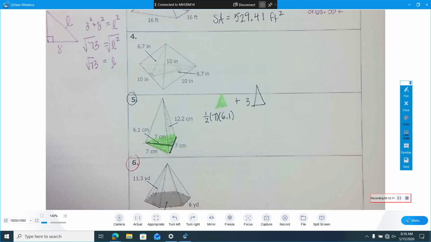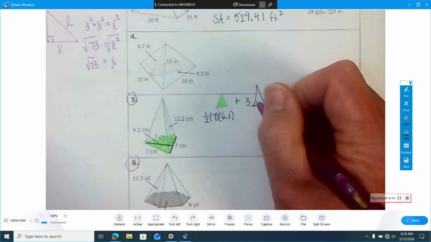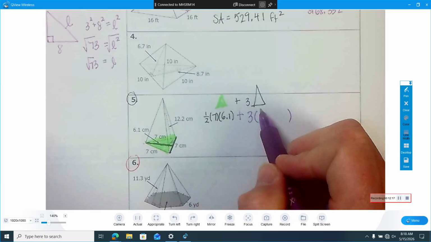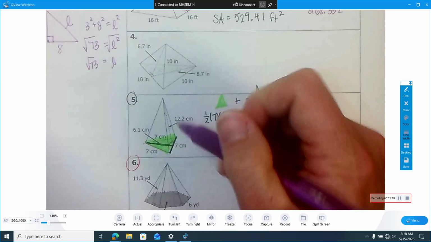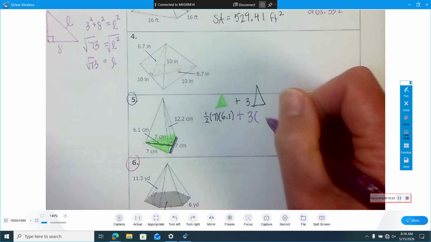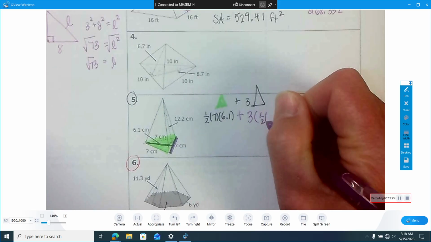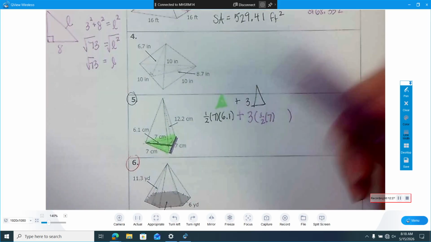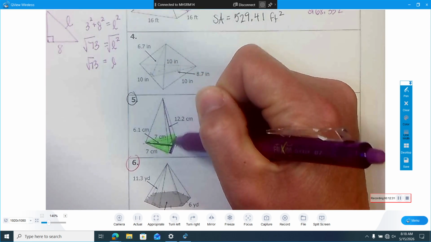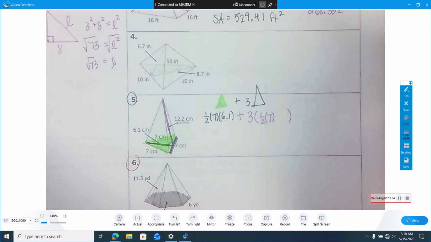All right, and then for my tall triangles, I have 3 of them. And I'm looking at the tall triangle here. What's the base? Also 7. So 1/2 times 7. And then what's the height? Yeah, that's that dotted line right through the center. That's the height at 12.2.